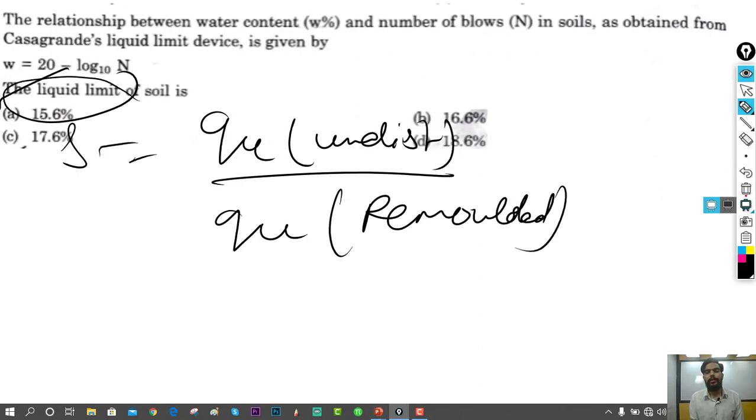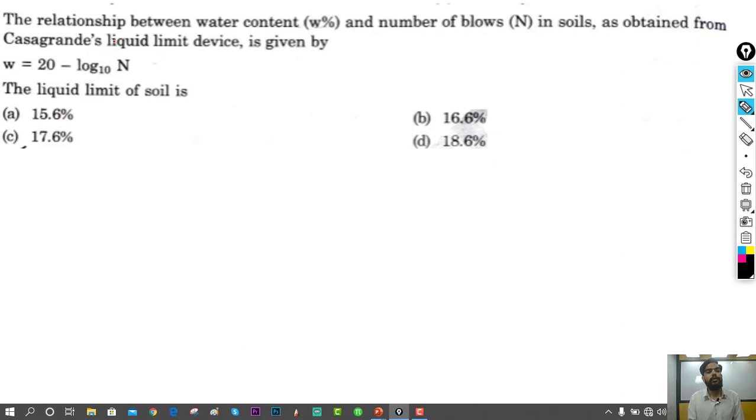In this question, what we are given is a relationship between water content and number of blows. Guys, if you have ever performed this test in your college time, then you will definitely know this formula, and you will definitely know the number of blows at which our liquid limit comes out.